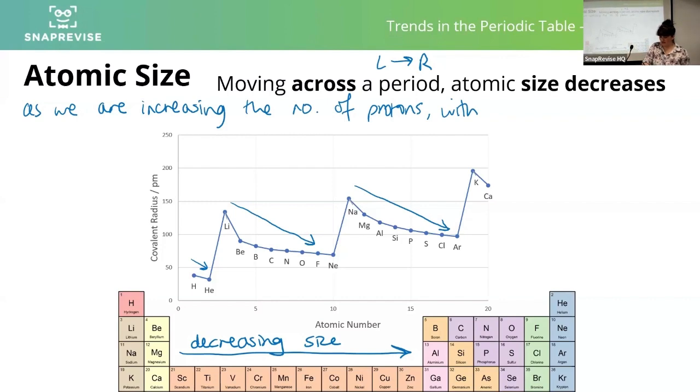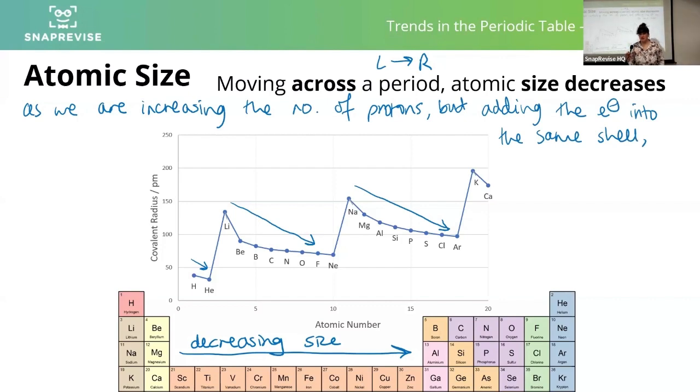If we're adding the electron into the same shell as previously, then that shell is already being provided with shielding. We're not increasing the amount of shielding because the electron's going into the outer shell. So by adding the electron to the same shell, there is no added shielding.